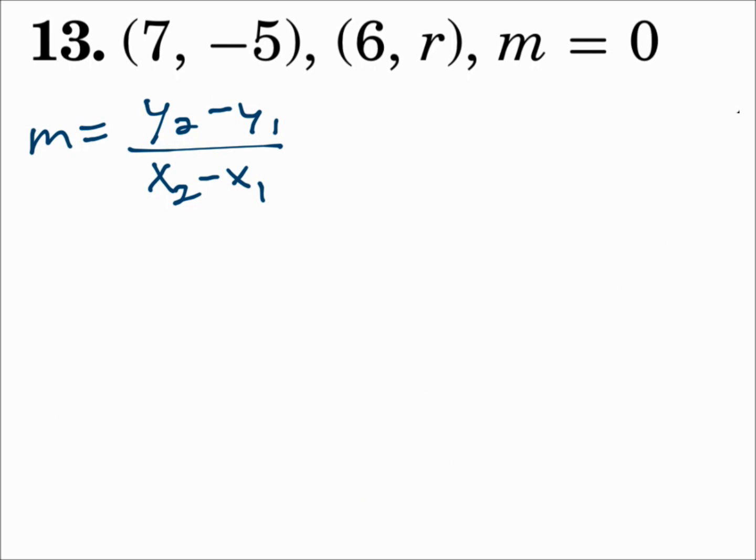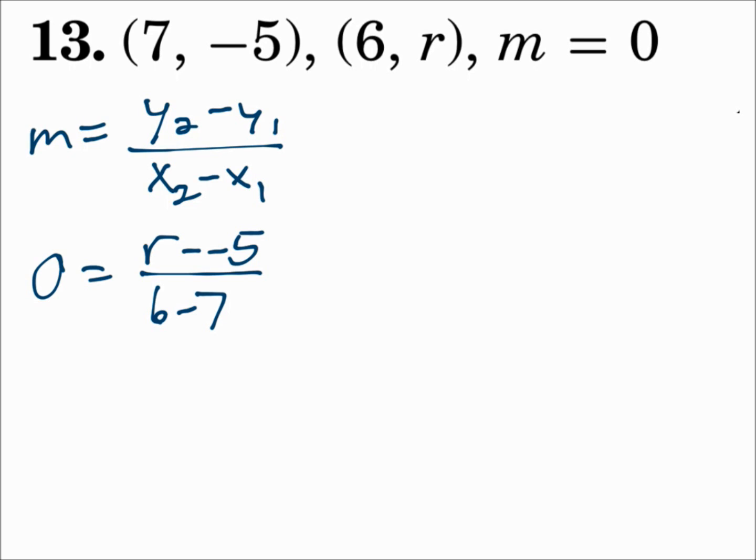Number 13, substitute the values in and solve. Use the slope formula. M is 0 equals y2 is r minus y1 is negative 5, just substituting the numbers in, all over x2 is 6 minus x1 is 7.